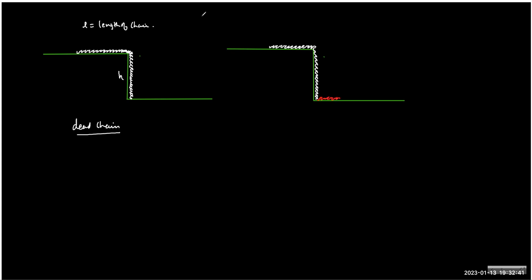Let's say x length of chain is dead now. This will remain h. So what is the length of chain on the top of the table? Tell me, guys. L minus h plus x. Like this, right? Yes. Okay.